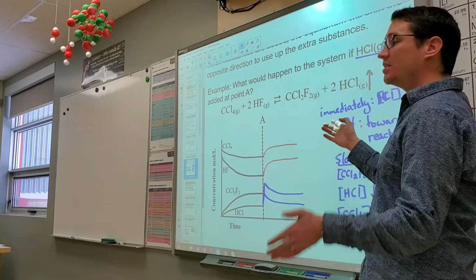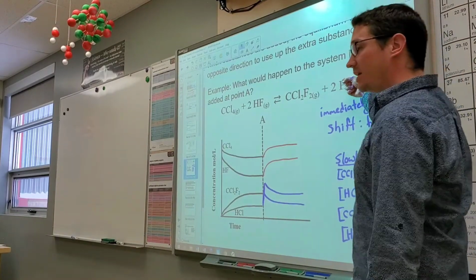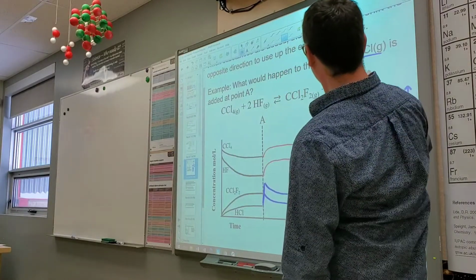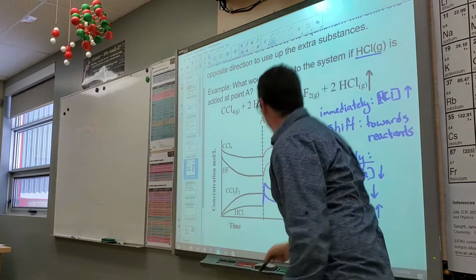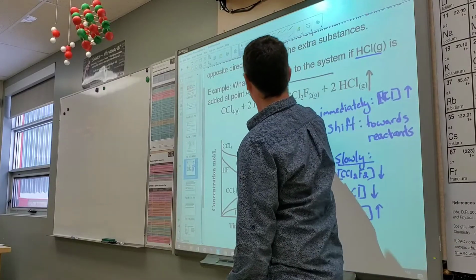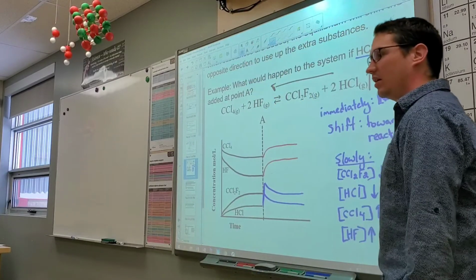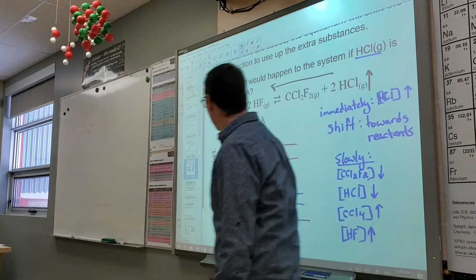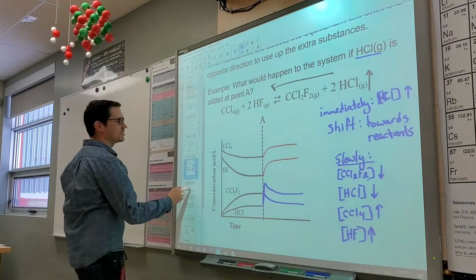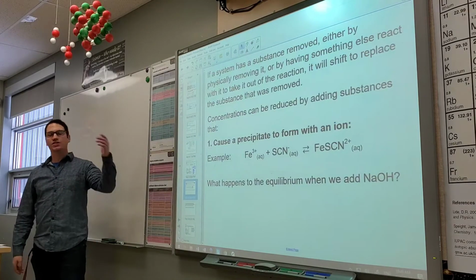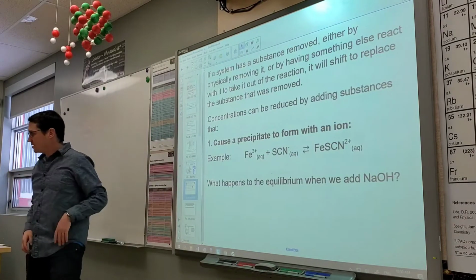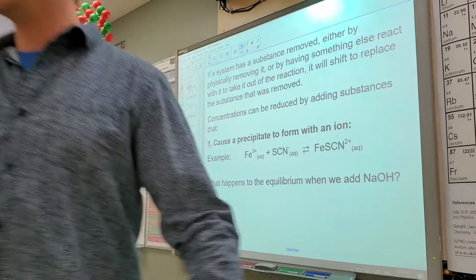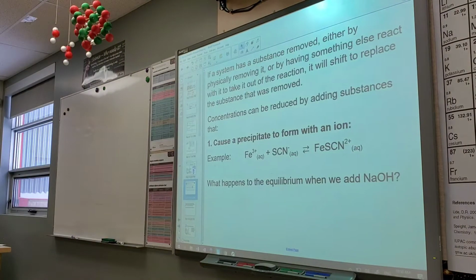It works because you increase the rate of the reverse reaction, right? You added this, and because you added this, the system shifted to the left. So you used that up and you made more of that. Hopefully that makes sense. Okay, so that's adding a substance. If you add a substance, boom, it's going to shift to use up that substance.